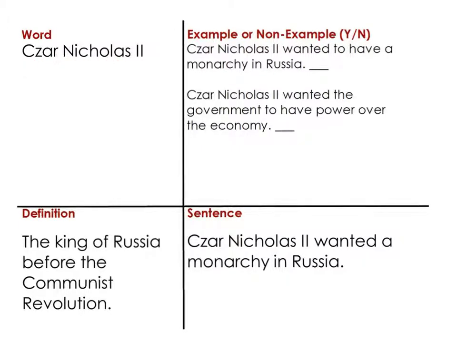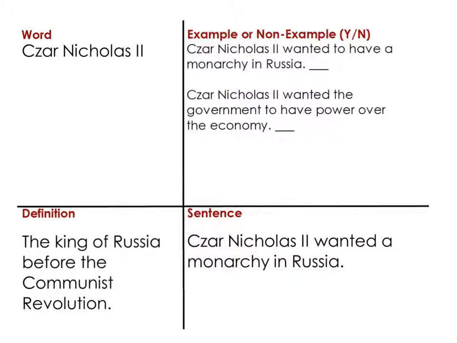Tsar Nicholas II. Let's read the definition. The king of Russia before the communist revolution. Let's look at a sentence. Tsar Nicholas II wanted a monarchy in Russia.